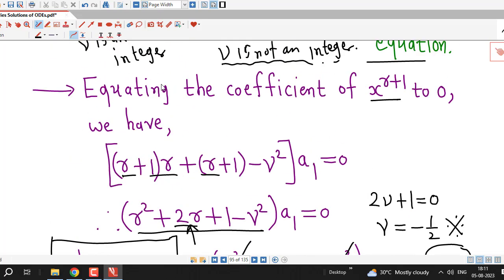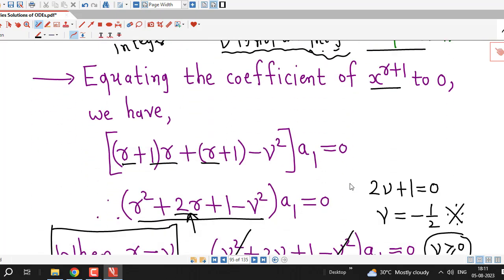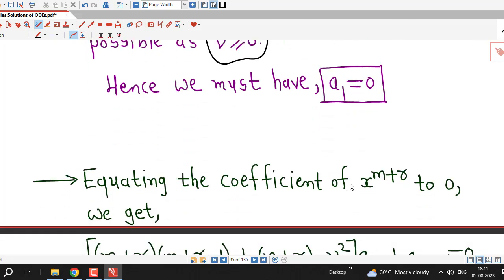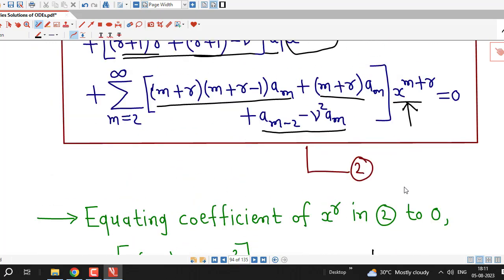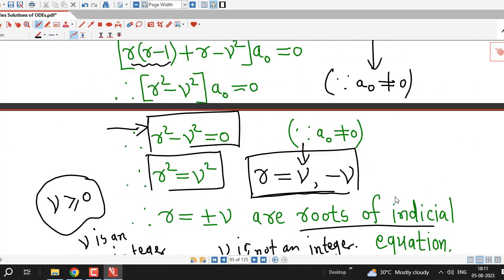We are considering the case that the root of the initial equation is r equal to nu, and this nu is not an integer. Now after that we have to compare the coefficient of x raised to m plus r, that is we will equate this bracket to 0, and let's see what we obtain.